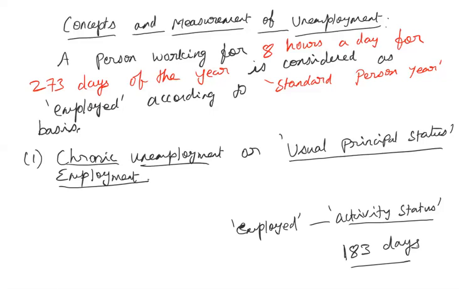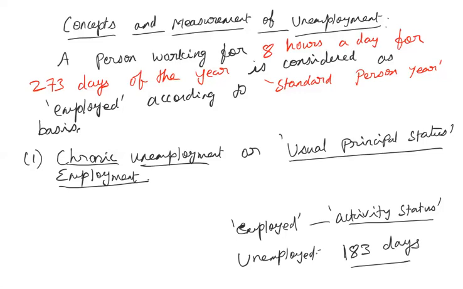Alternatively, if a person is not working, if his or her activity status shows that out of the 365 days, at least 183 days is unemployed, so the person is not gainfully employed for 183 days or more, then that person is considered to be unemployed.